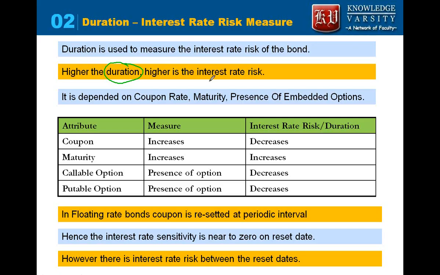It is dependent on coupon, time to maturity, and whether embedded options are present or not. So let's see what the various attributes are. Coupon: if you have more coupon, the duration decreases.